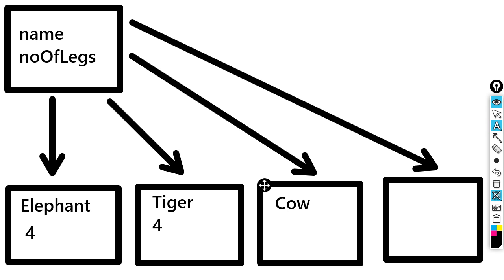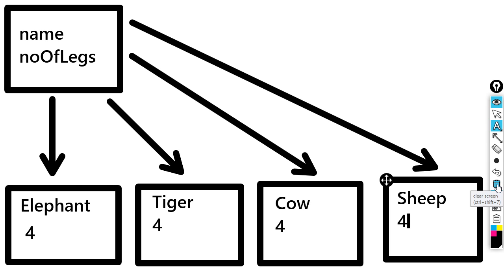The number of legs is 4 again. Then say sheep, and again the number of legs is 4. Now in the animal class we are trying to store different sets of data. There is one thing common: name and number of legs. We're just trying to store information.